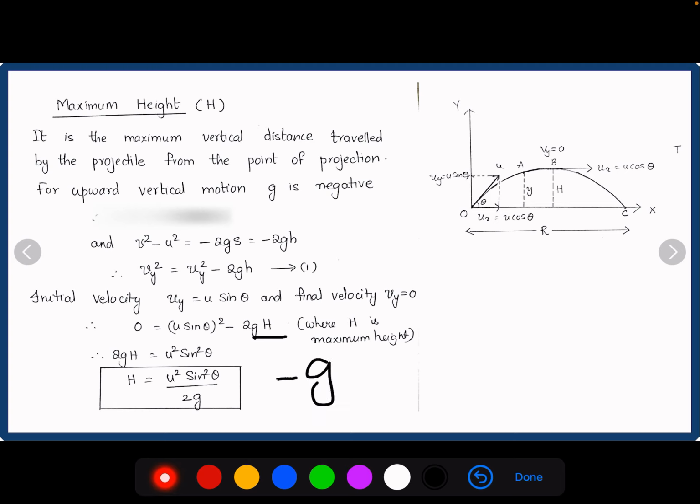Then u square sin square theta minus 2gh is equal to 0, or 2gh is equal to u square sin square theta. Therefore h is equal to u square sin square theta by 2g. So this is our derivation for the maximum height of a projectile.